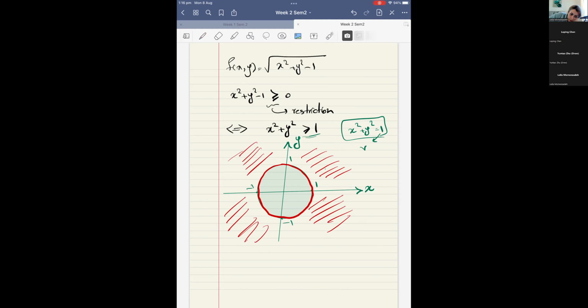It means that the domain is x and y belonging to R square, with x squared plus y squared more than or equal to 1. It means all points on and outside the unit circle.